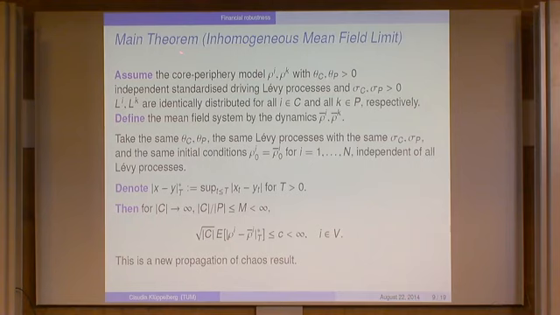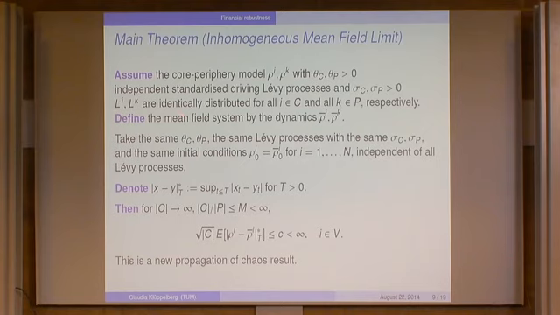So we have this core-periphery model. I is always the index for core, K is always the index for periphery. And then we have these friction parameters, theta C and theta P. We have independent standardized driving Levy processes, with possibly different sigmas. They are identically distributed for all core banks and identically distributed for all periphery banks.